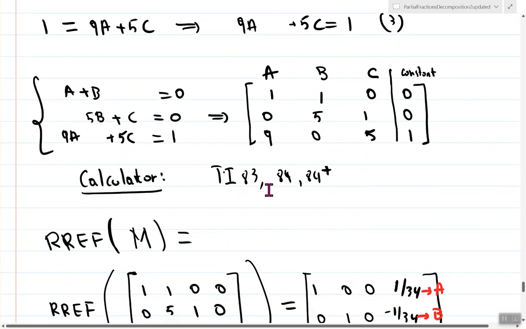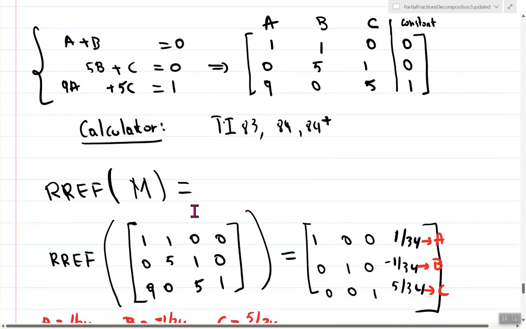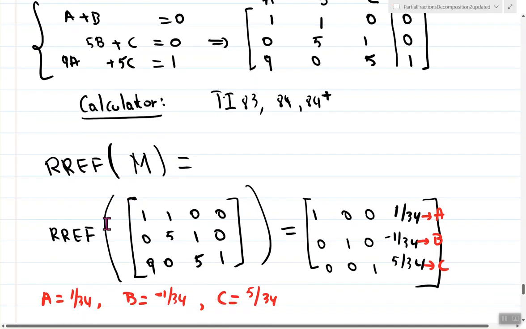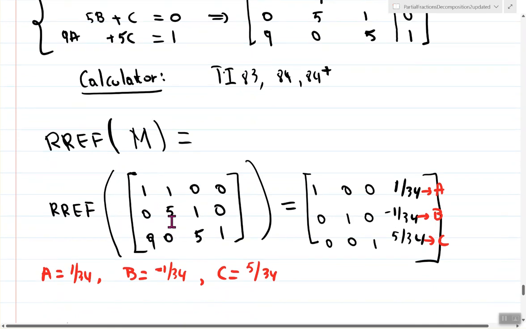You can have a TI-83, TI-84, TI-84 Plus, and then you enter it, and under matrix, you will see this function RREF. So you're going to RREF your matrix. When you press enter, it's going to generate this matrix. Now this matrix gives you the solution.